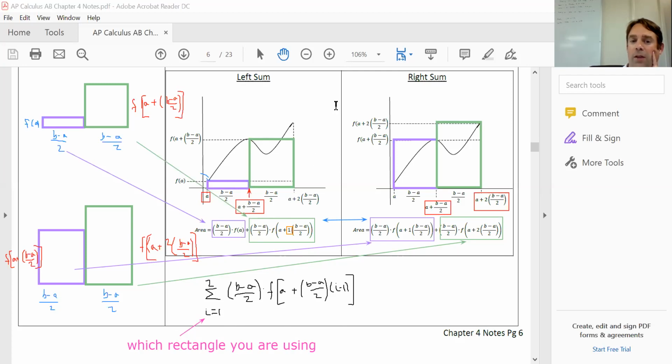And we can do the same idea over here with our right sum. Notice, for the right sum, they both have b minus a over 2 as the width.